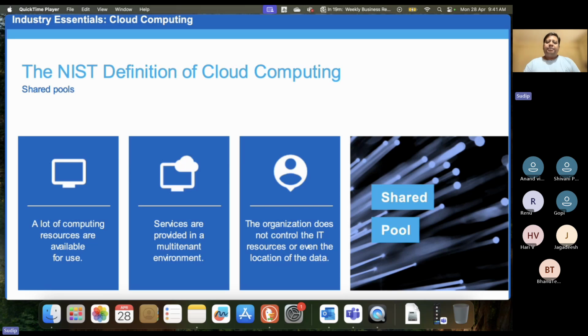And that is where we bring in the concept of multi-tenancy also. So this common or shared pool of resources can be given access to multiple users simultaneously. And that is where the third thing also comes in: the IT people who have actually set this up do not necessarily have complete control over who gets how much and who gets what.